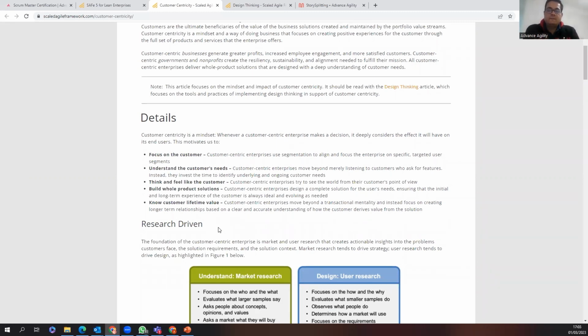Customer centricity is so important that when I was working with one of the large organizations, one of the main design thinking experts told me a story. Even the CEO of Amazon, whenever he had a meeting, used to keep one chair left blank, with no one sitting on it.